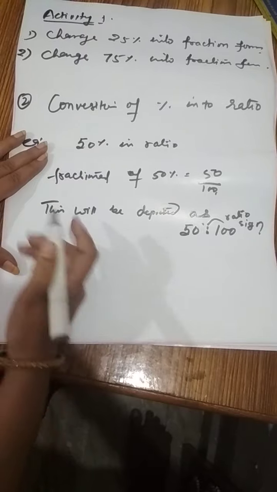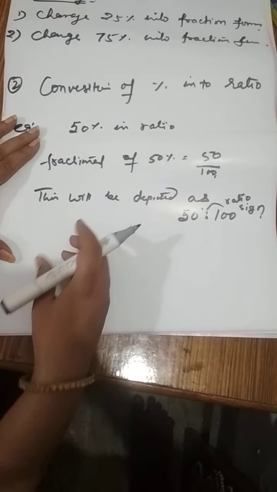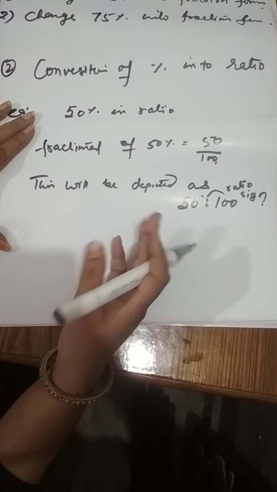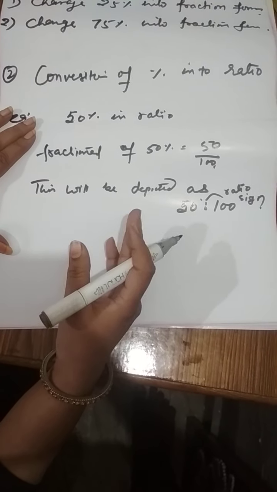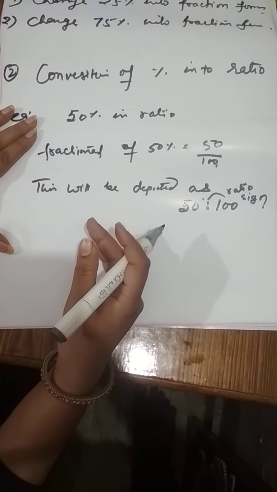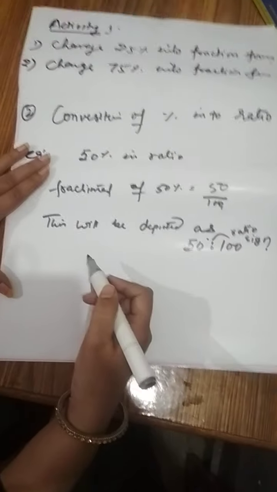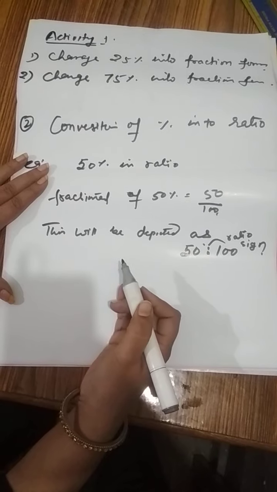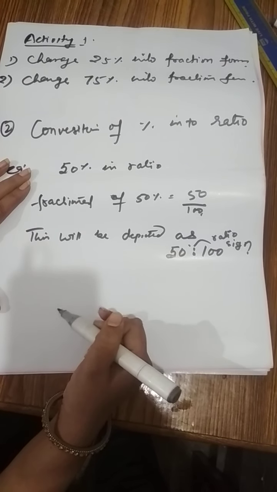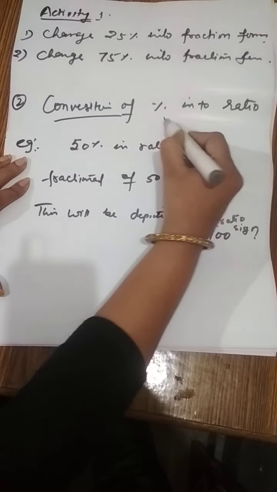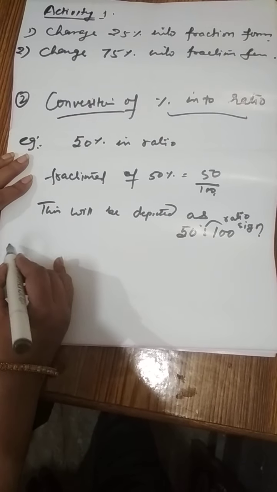Okay, students. Now in the same manner you have to convert 20% into a ratio. The fractional answer is 20 upon 100. So it becomes 20 ratio 100. I hope you understood this also. So I am giving you one more activity.